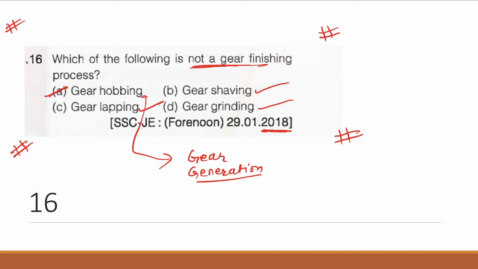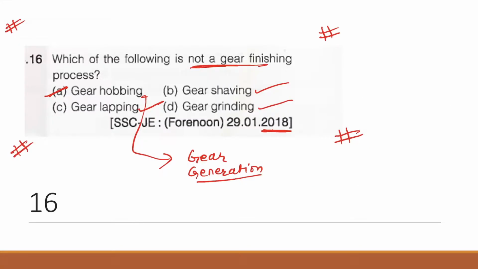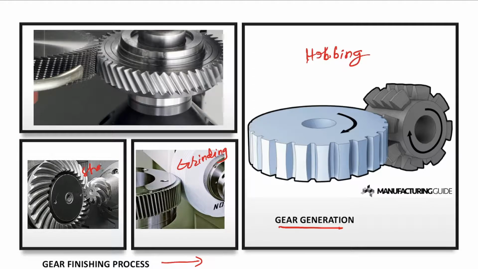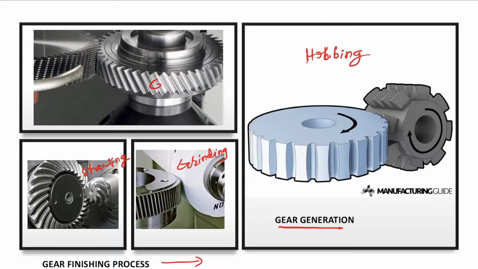But this is a gear generation process. As you can see here, this is the hobbing process, and these are gear finishing processes, right? This is gear grinding, this is gear shaving, and this is gear lapping.